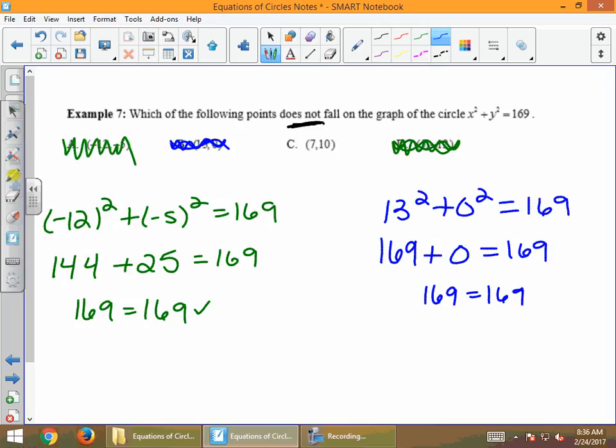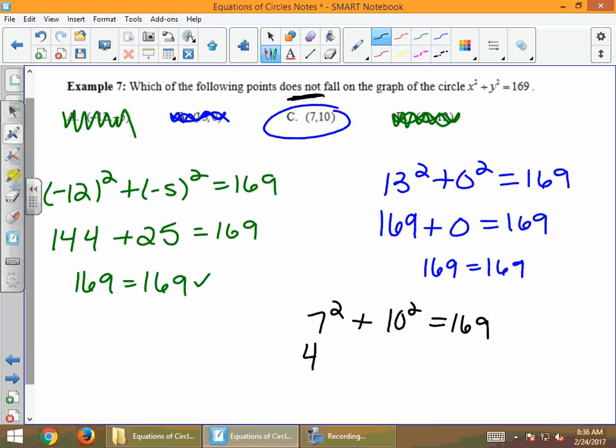By process of elimination, that leaves us with C. And just to verify, if we take 7 and plug it in, and we take 10 and plug it in, 7 squared is 49. 10 squared is 100. Well, 49 plus 100 is 149. That does not equal 169. Those aren't the same. Because they're not the same, that one would not fit on the graph, and that's what we want.